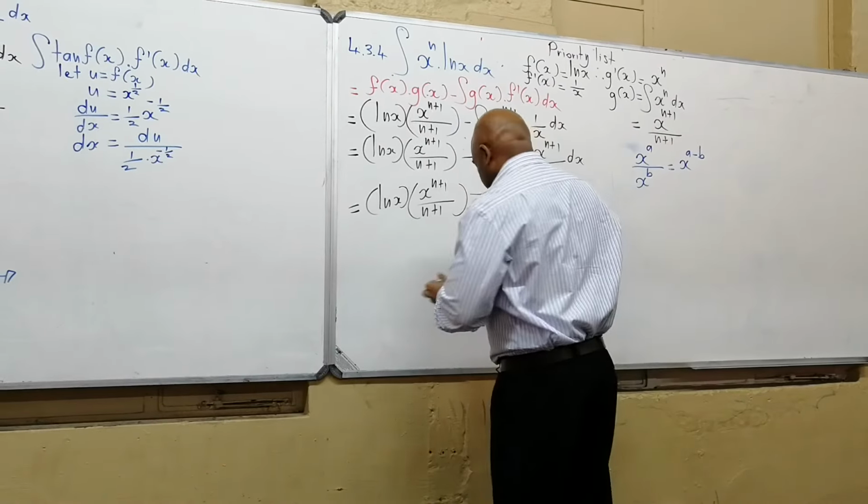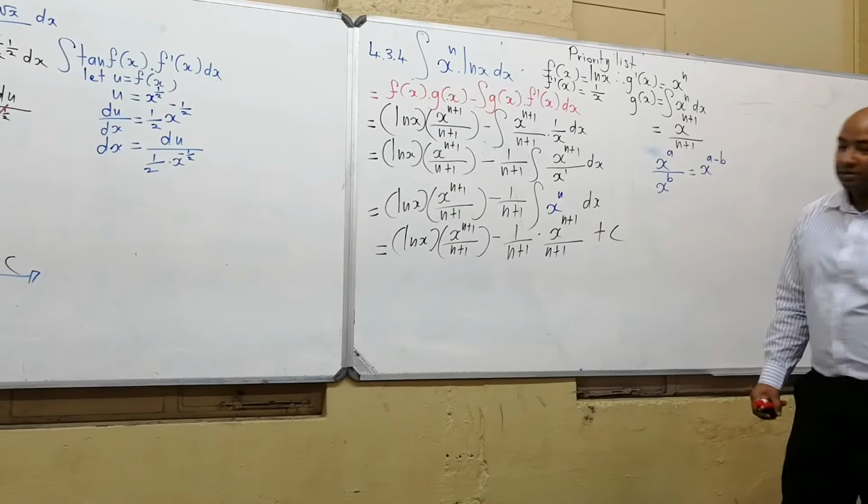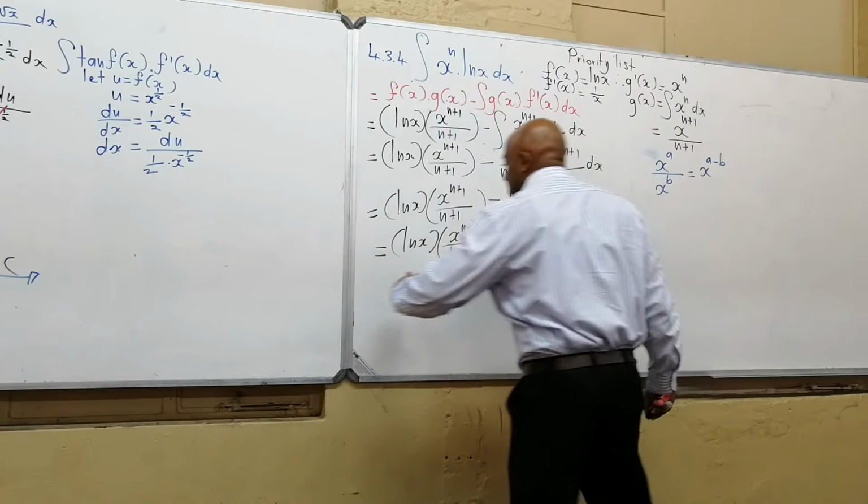So all you're doing is you're integrating x to the power n, which is x to the power n plus 1 over n plus 1. If you're done now, there's no more integration. Plus c. Let me just simplify this here.